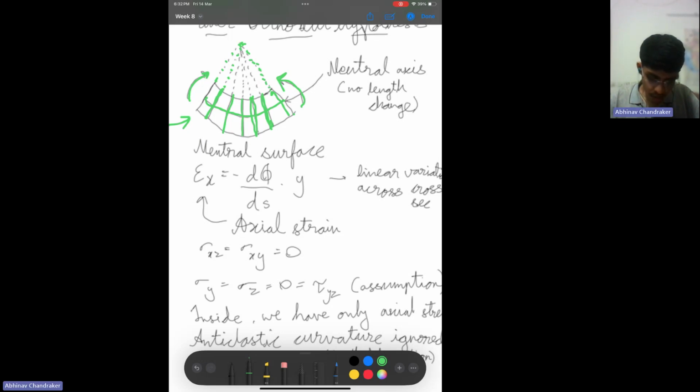So as you move above the neutral axis, positive y, the axial strain being experienced will be compressive, because you can understand that the material is coming closer together and it is undergoing compression. Near the outer surface it will be tensile.